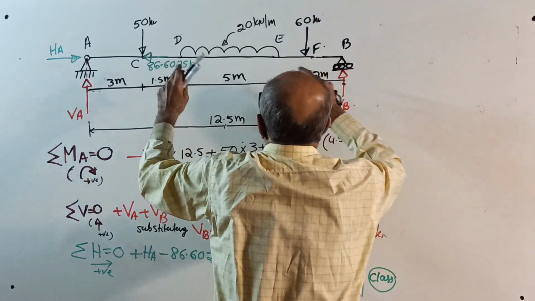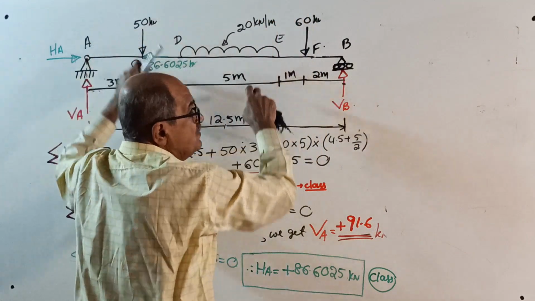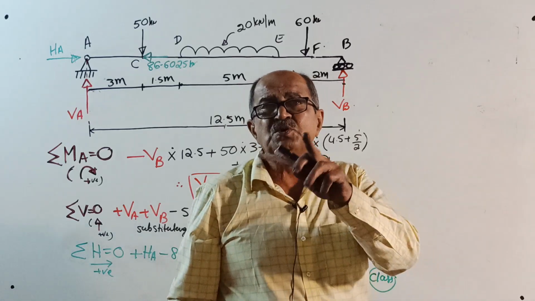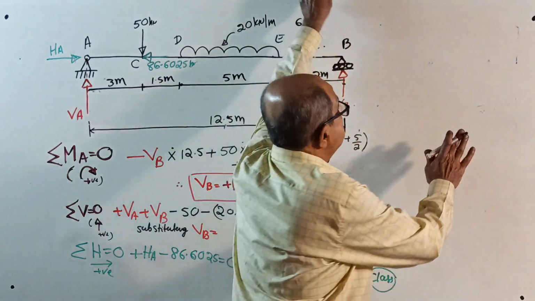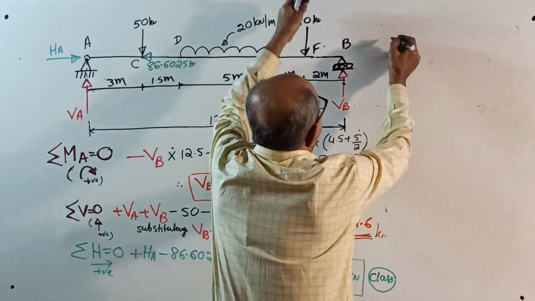Today's loading is a mix-up loading. This mix-up loading is for some reason. So today's class is the most powerful example for finding support reactions. So, I write here the question. I will give the sketch directly.